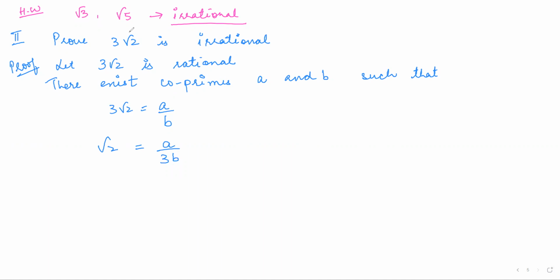Now we already know that the LHS is irrational. We don't have to prove it. Now look at the RHS in this case. The right hand side is A upon 3 into B. A is an integer. Co-prime means there is no common factor, but the numbers are actually integers. I can have 2 and 3, although they are co-primes because there is no common factor, but they are integers, isn't it?